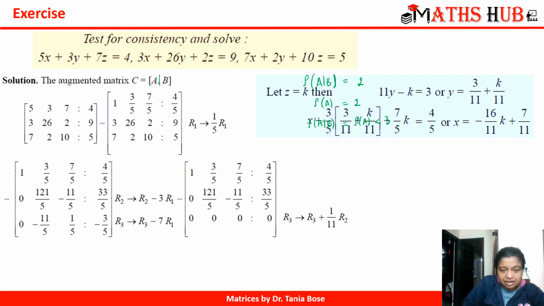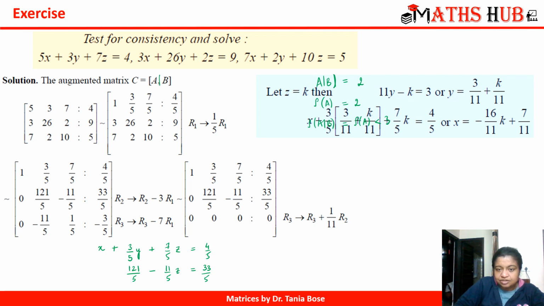When you frame back the equations, you will get the first equation as x plus 3 by 5 y plus 7 by 5 z is equal to 4 by 5, and the second equation that you will frame is 11 by 5 y minus 11 by 5 z is equal to 33 by 5. Again, you can assume z to be k.